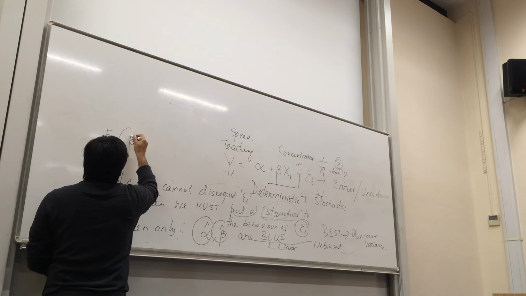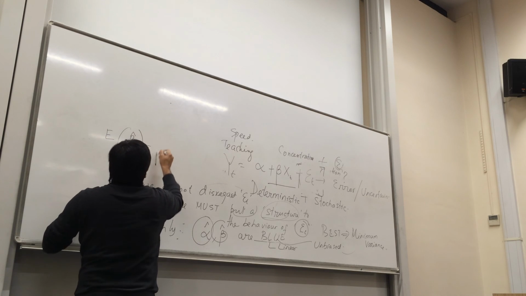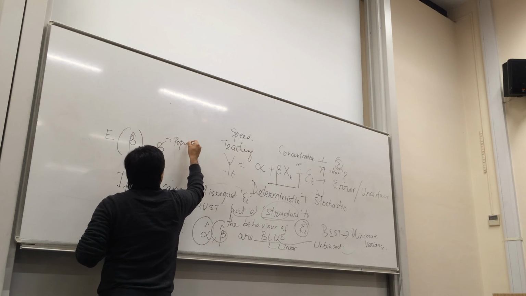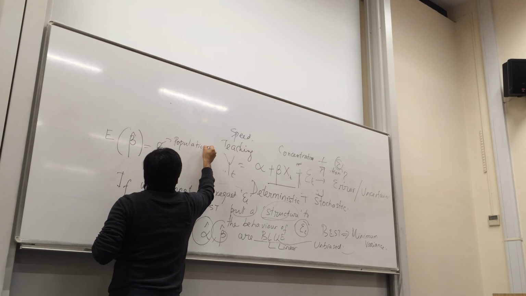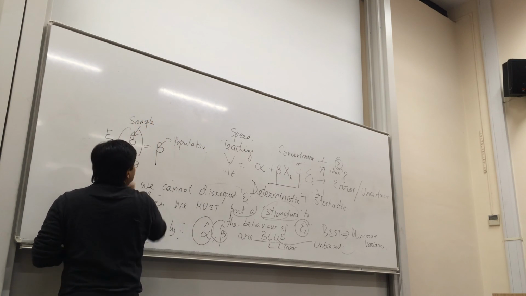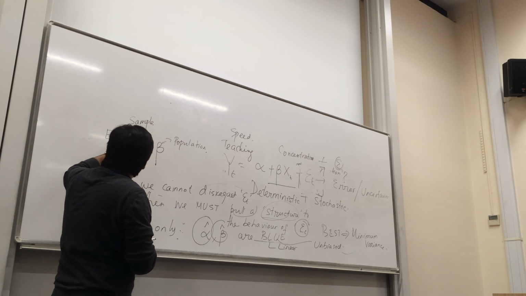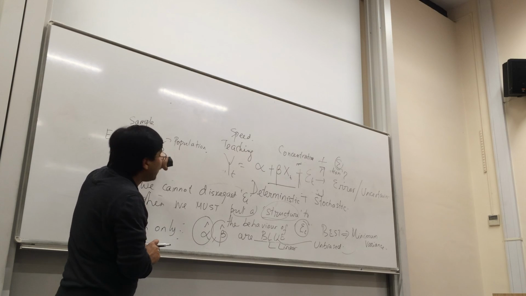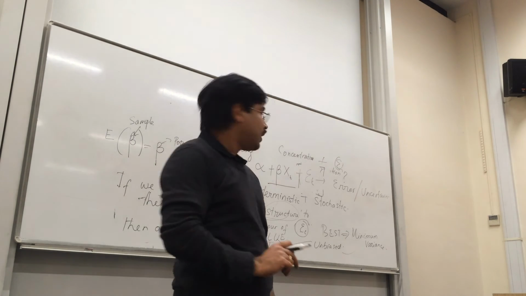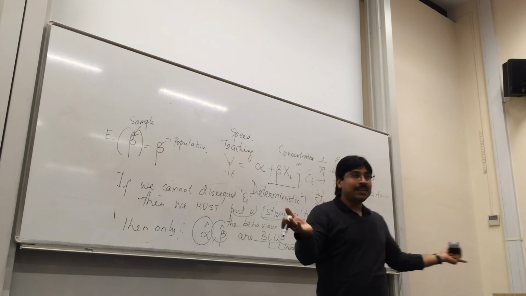Beta hat from the sample is equal to beta from the population. We have no knowledge about the population. Only when the expectation of beta hat equals beta do we say it is unbiased. So this is a best linear unbiased estimator.